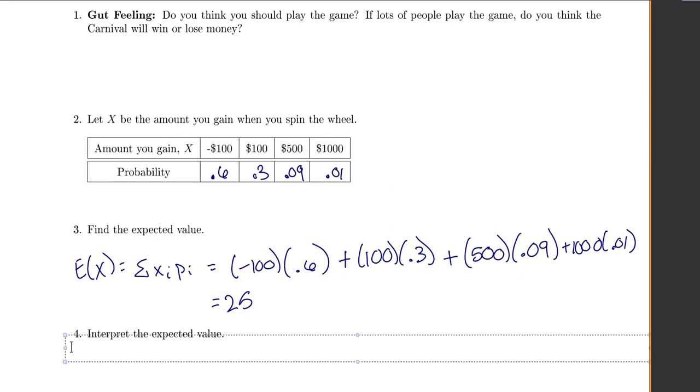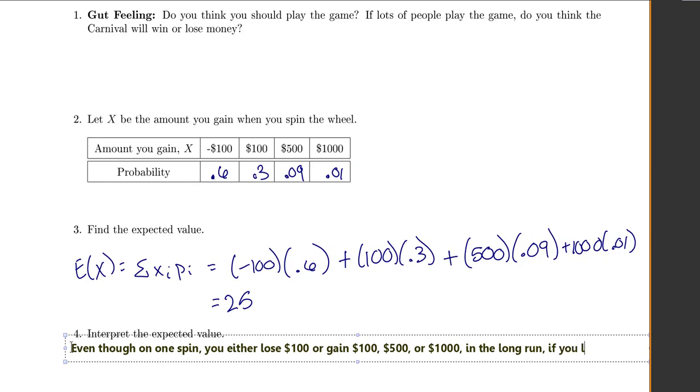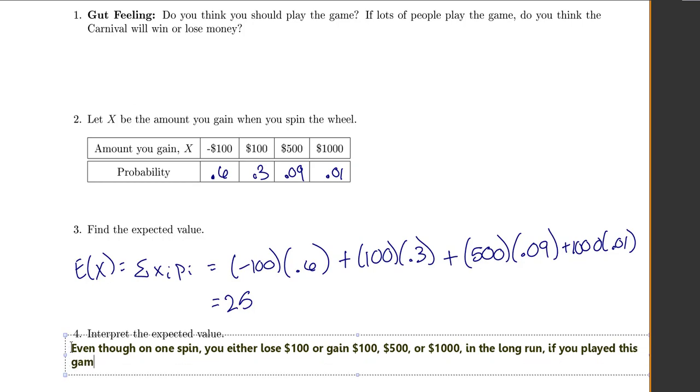This means even though on one spin you either lose 100 or gain 100, 500, or 1,000, in the long run, if you played this game many times, you would get an average of $25 per game.